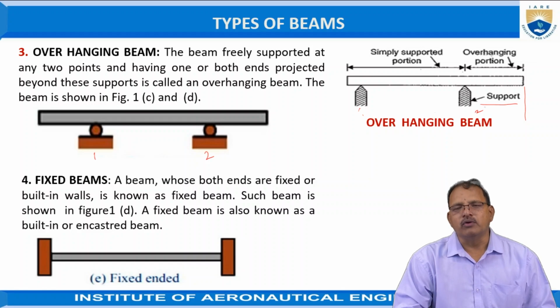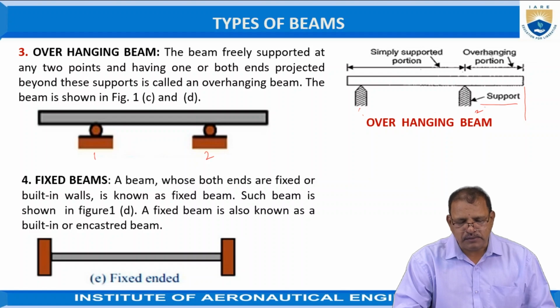So the overhanging beam is a combination of simply supported portions as well as overhanging portions, which are equivalent to a cantilever.